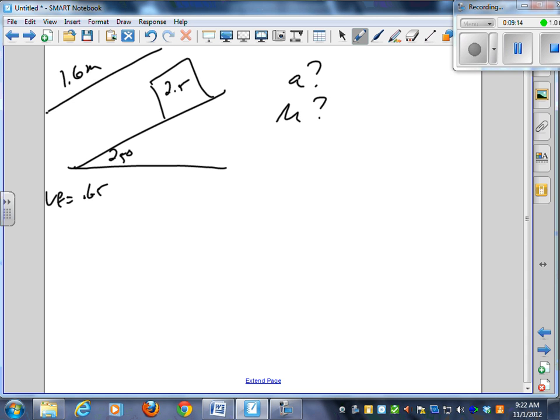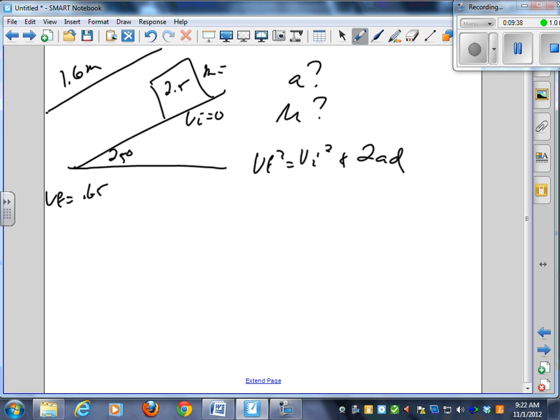Okay, so to find the acceleration, we got the mass, I got the distance, I've got the incline, and I've got my final velocity. How am I going to find the acceleration? Oh, I know the initial velocity, don't I? 0. I think you're right. Vf squared equals Vi squared plus 2ad will give us the acceleration, I believe.